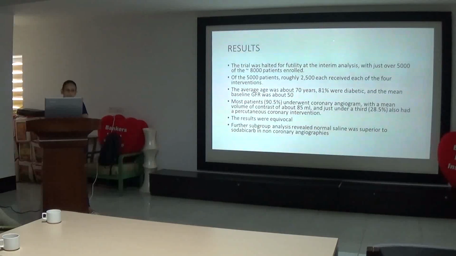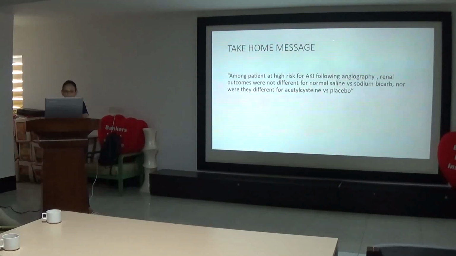Non-coronary angiographies meant contrast-enhanced CT scans, such as CT abdomen and CT pulmonary. Among patients at high risk of AKI following angiography, renal outcomes were not different for normal saline versus soda bicarb, nor were they different for acetylcysteine or placebo. So that is what we practice, in short.